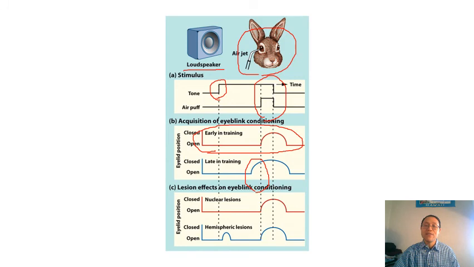But in the late phase, you can see that they're not able to time this very well, because as opposed to the blink coming on around here, the eye blink is very premature, and it was not able to have the correct timing. So the fact that the animal continues to blink reflexively in response to the air puff indicates that the lesion really produced a learning deficit and not a motor deficit.